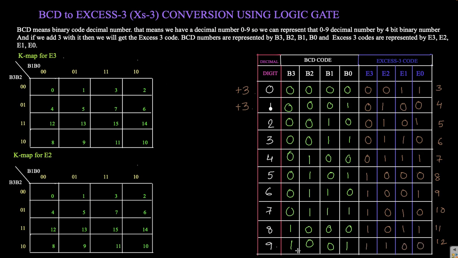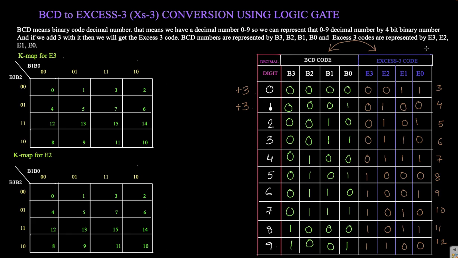That means 1 0 0 1 in decimal is converted into 1 1 0 0 in excess 3 code. Now it means we have to convert BCD to XS3: the input is BCD and we are getting the XS3.